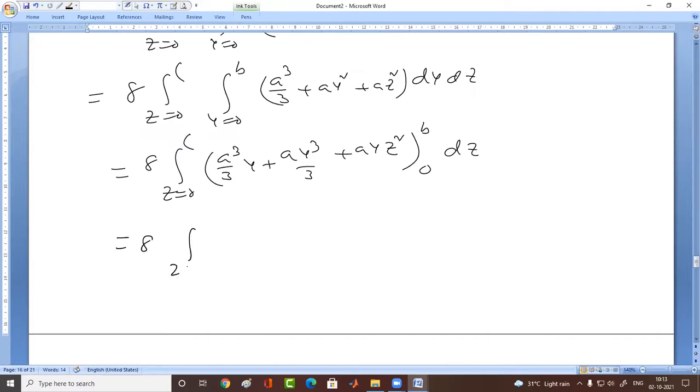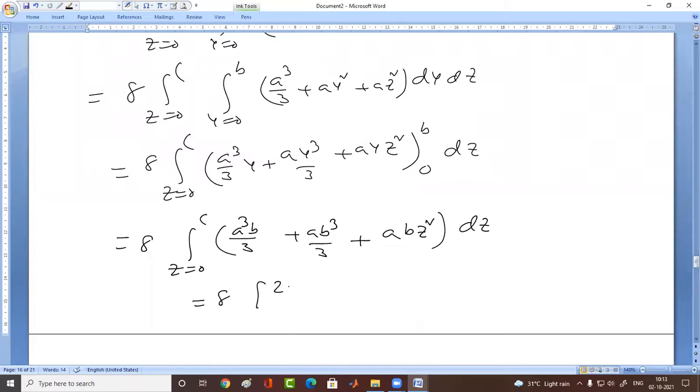Now substitute the limit. Z is 0 to c, a cubed b by 3 plus a b cubed by 3 plus a b z square dz. Now integrate with respect to z, 8 times.